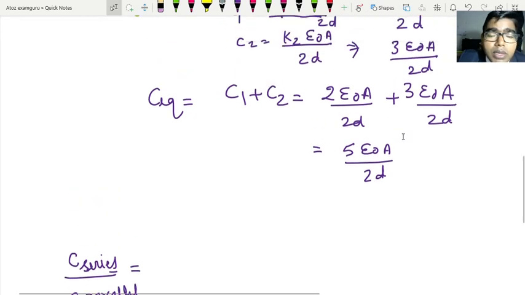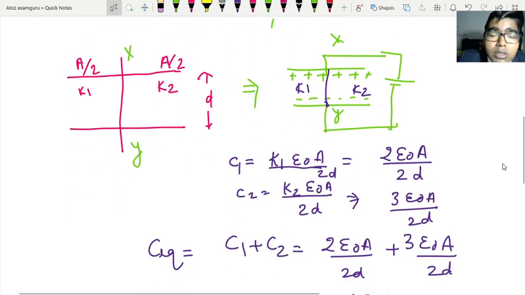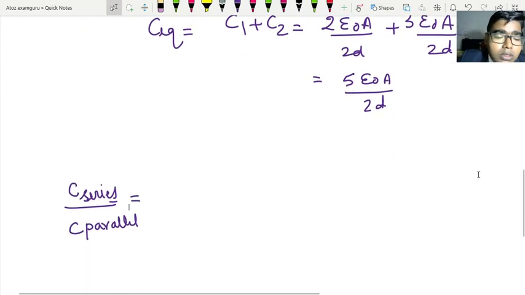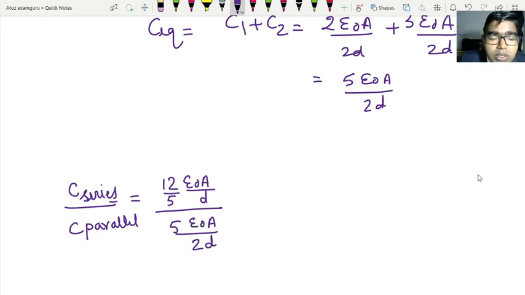The series combination value is what? 12 by 5 epsilon naught A by D. And in this case, 5 epsilon A by 2D.